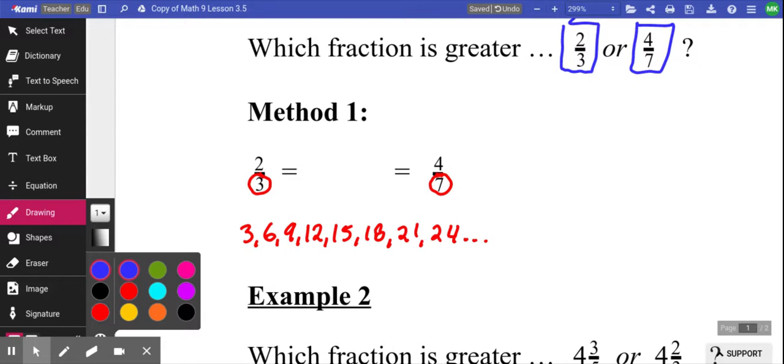I can do the same thing for 7. So if I counted by 7s or multiplied by 7s, I get 7, 14, 21, 28, 35, and so on and so forth. Your goal is to find a common thing that they could both multiply to become. In this case, they both could multiply to become 21.